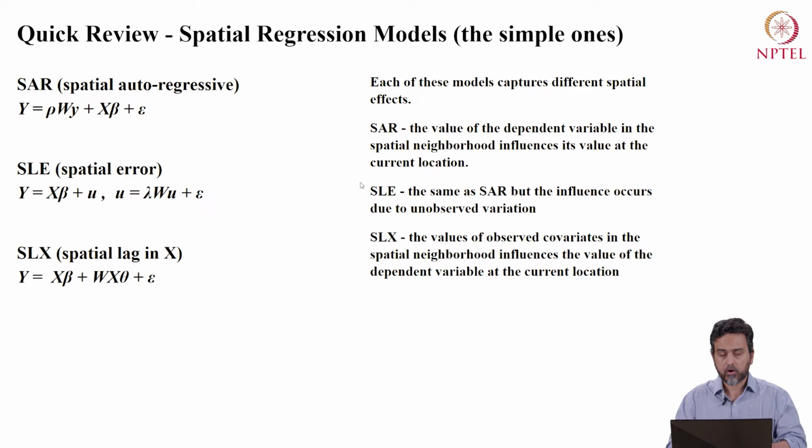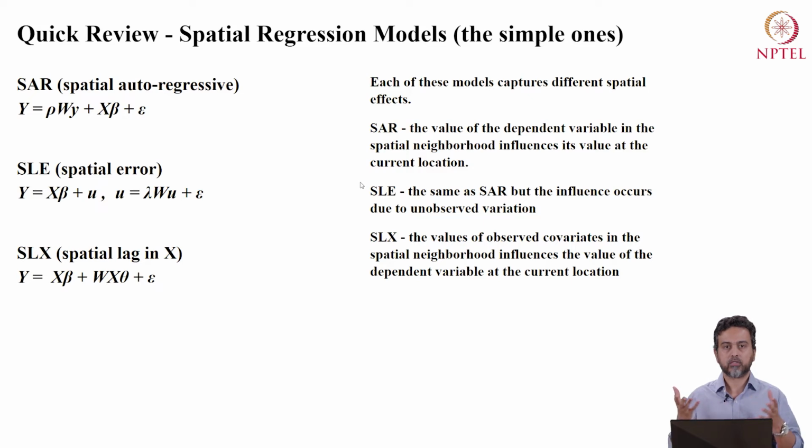And when do we use this model? Well, we use this model when we expect that some quantity is directly influenced by the same quantity in the neighborhood. So we believe the groundwater level at some location in space is directly influenced by the groundwater levels around it, then we should use this model. And the reason to believe that is because of hydraulic gradient.